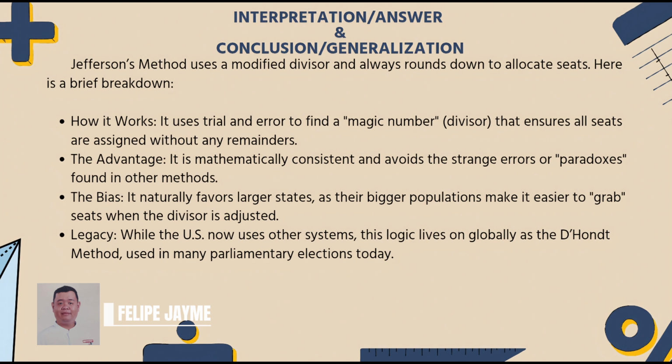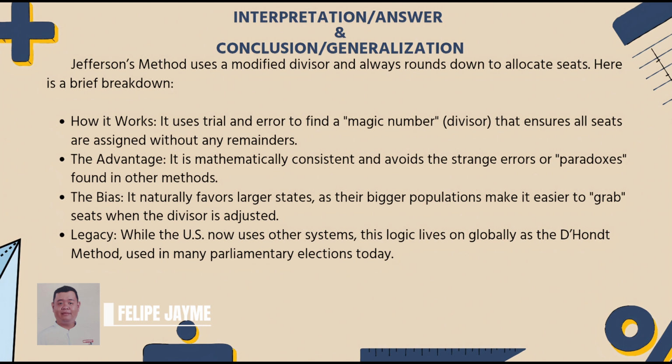One of the main advantages of Jefferson's method is its clear and consistent mathematical process. By always rounding down, the method ensures that the number of seats will never exceed the total available. However, this rule can also create a bias because larger states or groups are more likely to benefit when the divisor is adjusted.